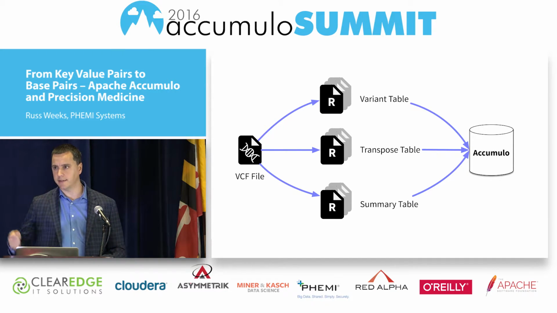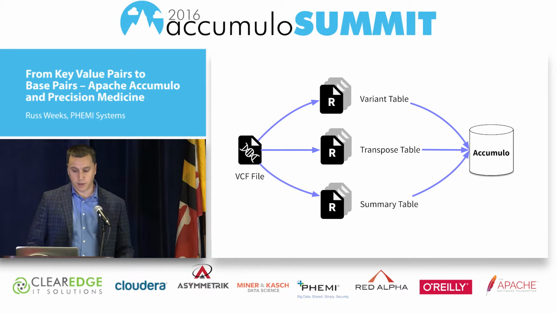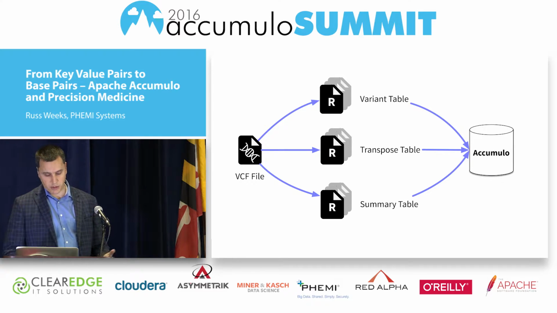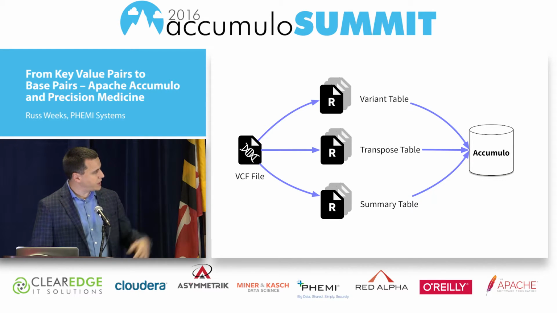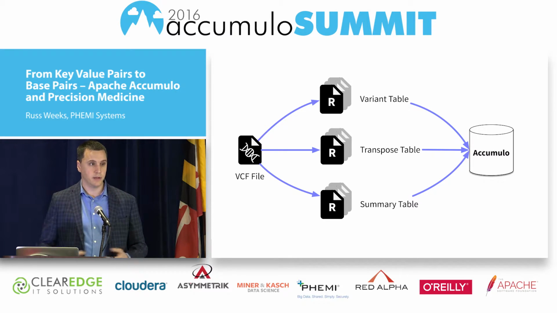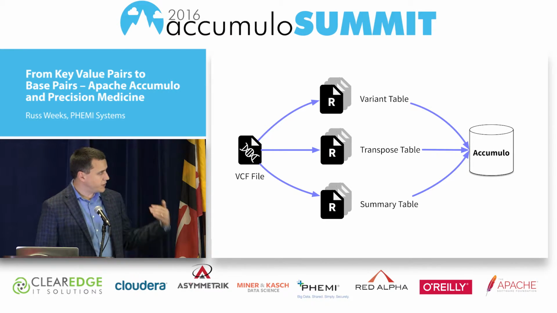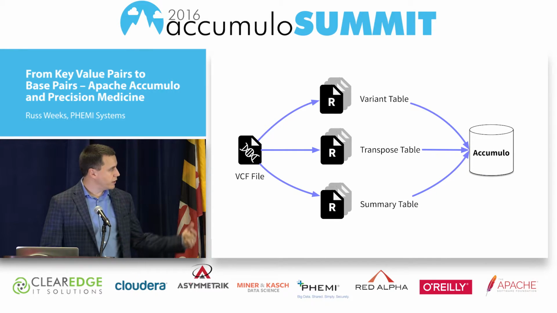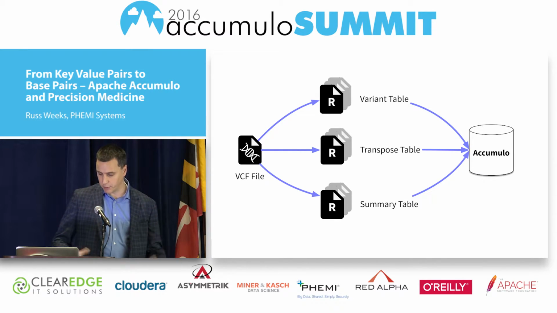We don't need that low latency ingest and then lookup behavior. So we've had a lot of success using a Spark job to take that VCF file, that tab-separated data file, and generating the R files that go into different tables. So we store the data in both those schemas that I showed earlier, and then we also store it in a summarized form.